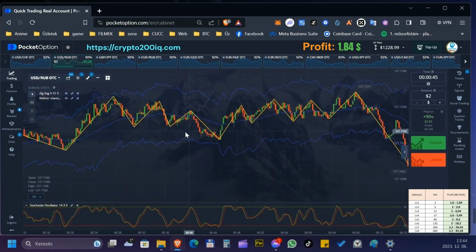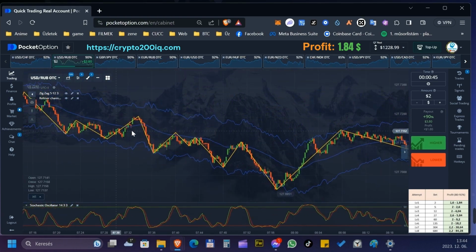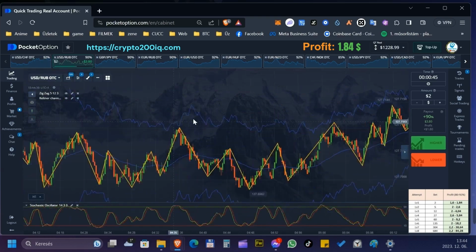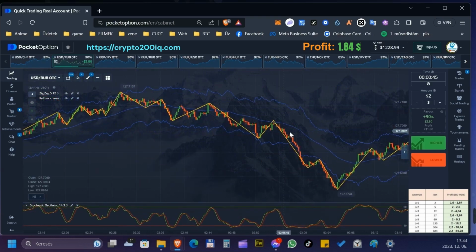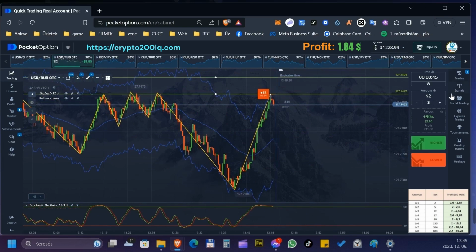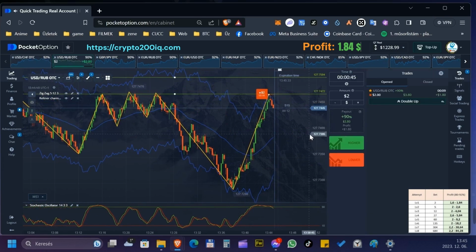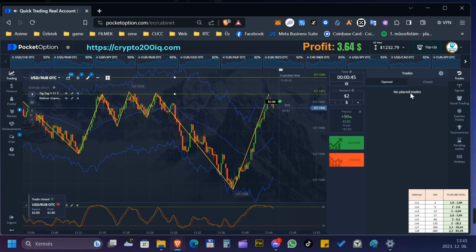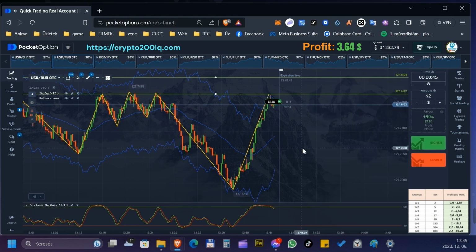I always like to look back at how much it usually moves and where the next peaks are, quickly going over them. But it seems like we're winning this trade too. And we won. Let's move on to the next one.